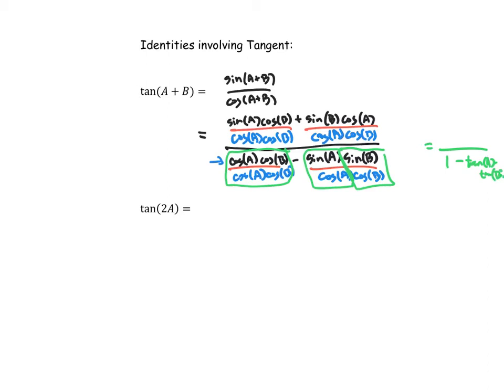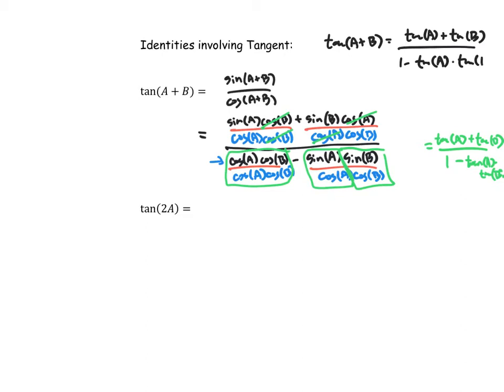In the numerator, you'll see that cosine b cancels here, that makes tan a. And cosine a cancels here, making tangent of b. So tan of a plus b is tan a plus tan b over 1 minus tan a times tan b.